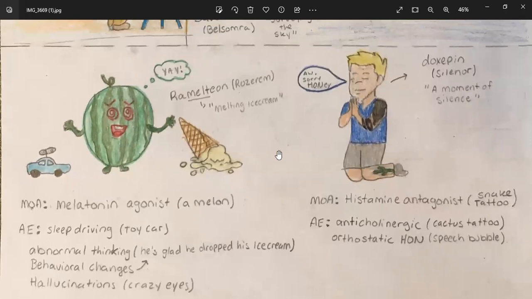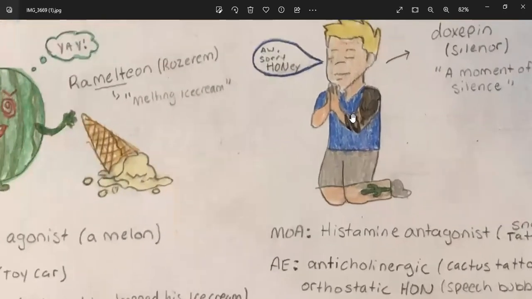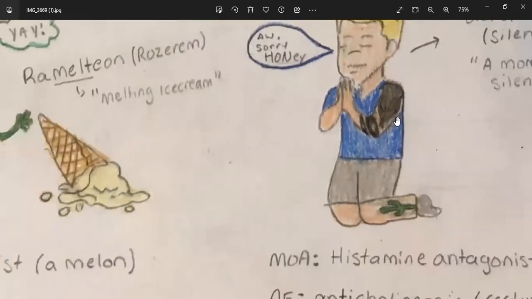And then kind of going along with this same picture, we have this dude who witnessed the very sad ice cream demise and he was like, we need a moment of silence. He's like, oh, I'm sorry, honey, we need a moment of silence. The silence for Silenor. And this guy, he's got a snake tattoo on his arm.